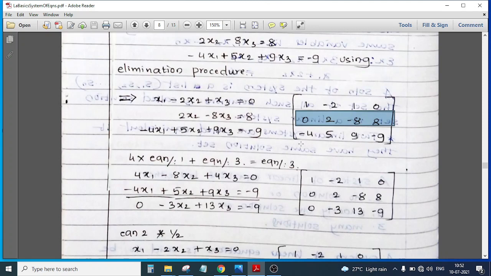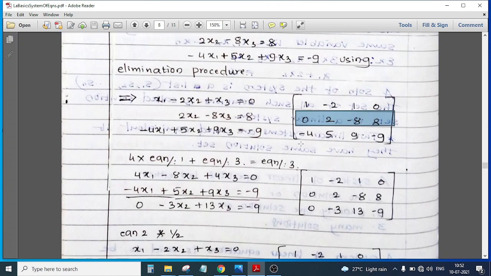Mark my words: only the equation where you are doing the operation will be changed, and the equation using which you are doing the operation will remain unchanged.